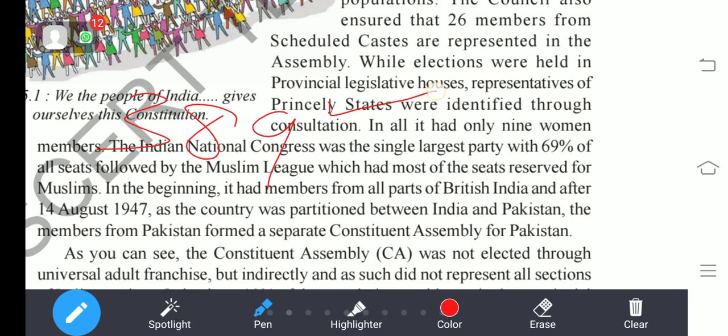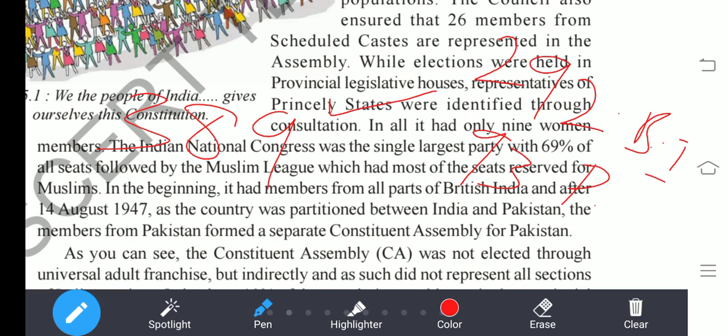In these 389 members, 292 from British India, 93 from princely states, and 4 from chief commissioners' provinces like the Bombay Presidency, understand?